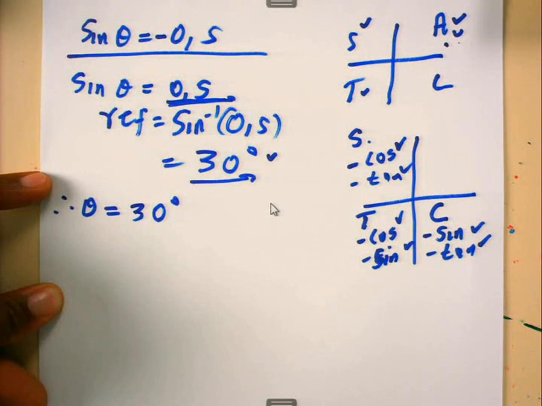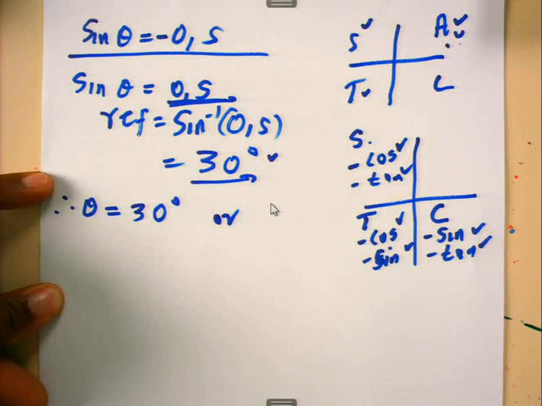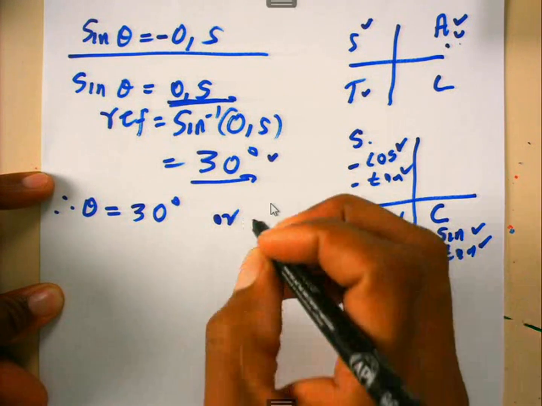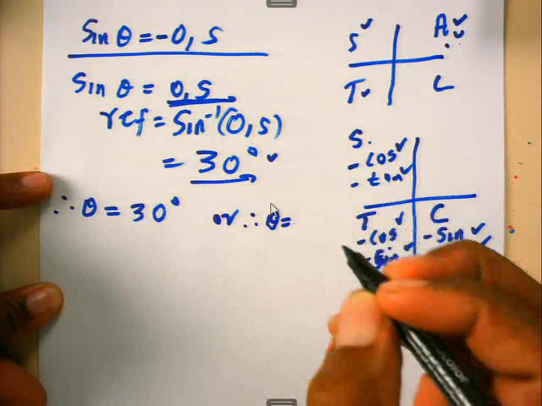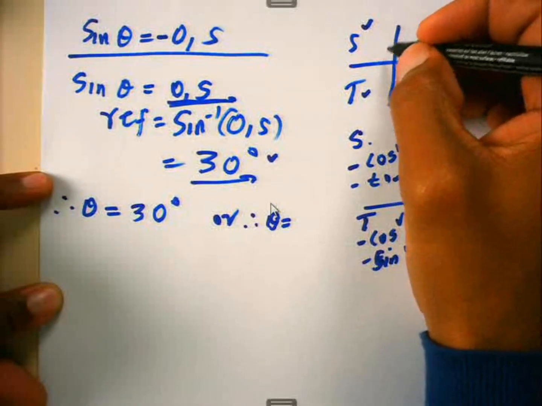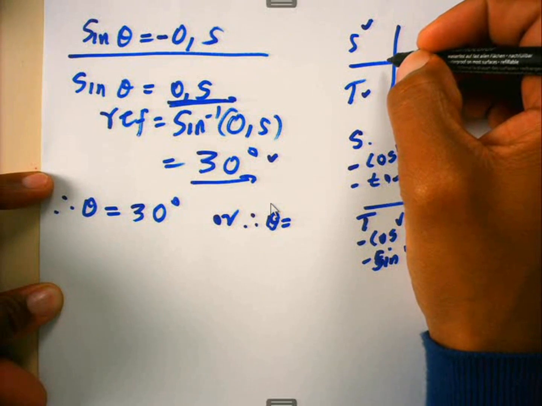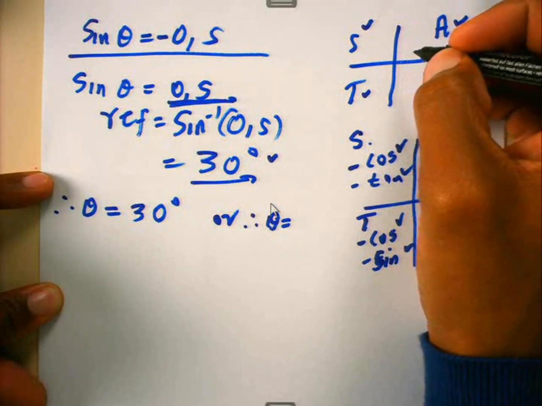Is that correct? Yes. Now, the second one, like I said, we must have two answers for this. Why? Because sine is positive in two quadrants. Then the second one will be, therefore, theta is equal to what? In the second quadrant, these angles are more than 90, but less than 180 degrees.